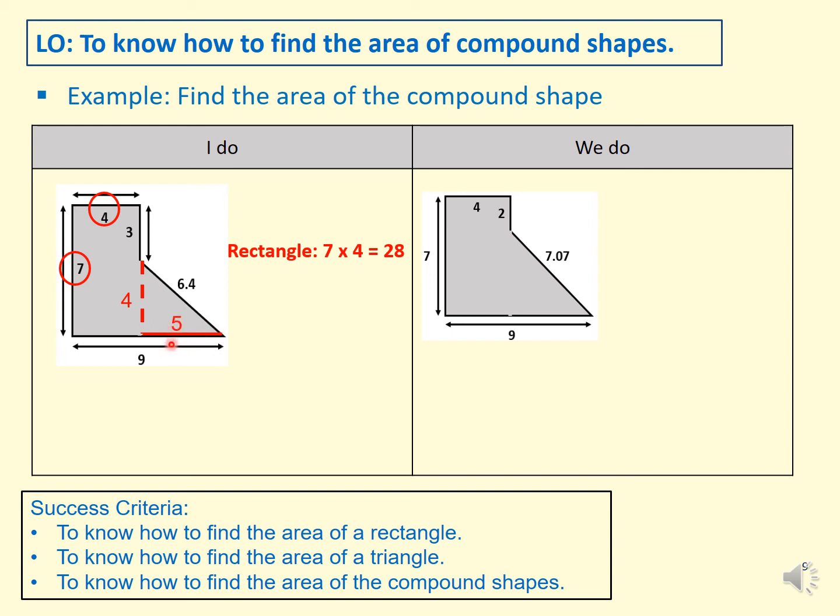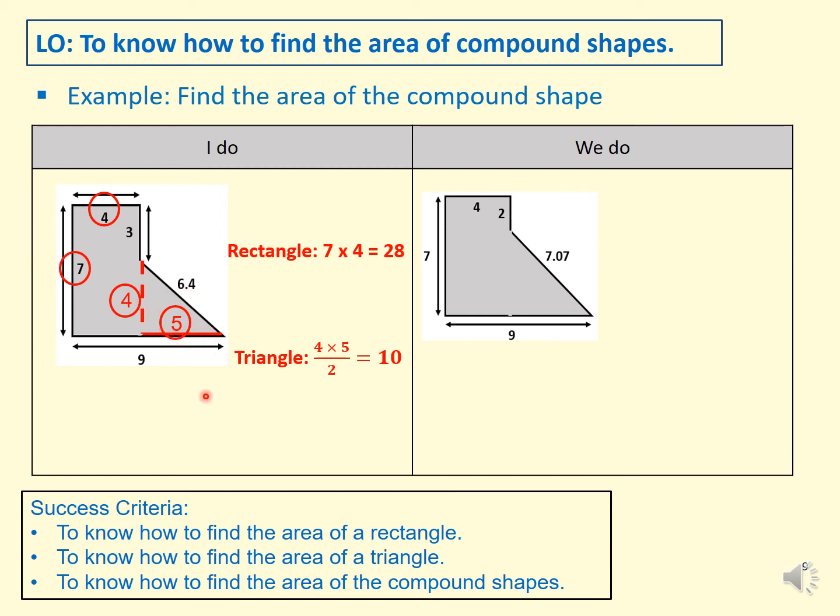So now I need to use that 4 and 5 because those 2 lengths are perpendicular in a triangle. So now what was the area of a triangle? Base times height divided by 2. So 4 times 5, which is 20, then divide by 2, which is 10, which means the area of the triangle is 10.